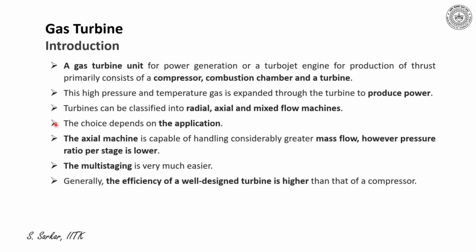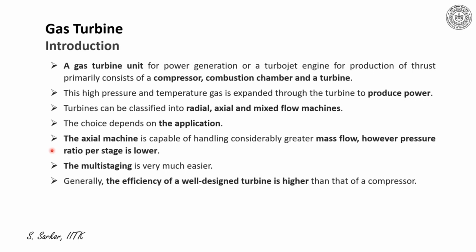Indeed, the choice of the turbine or the type of turbine used would depend on the application. Furthermore, it should be noted that the axial flow turbine is capable of handling comparably higher mass flow rate.